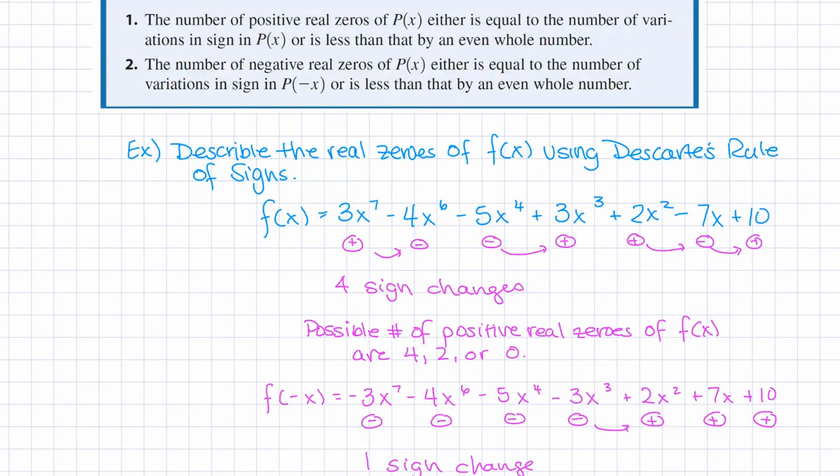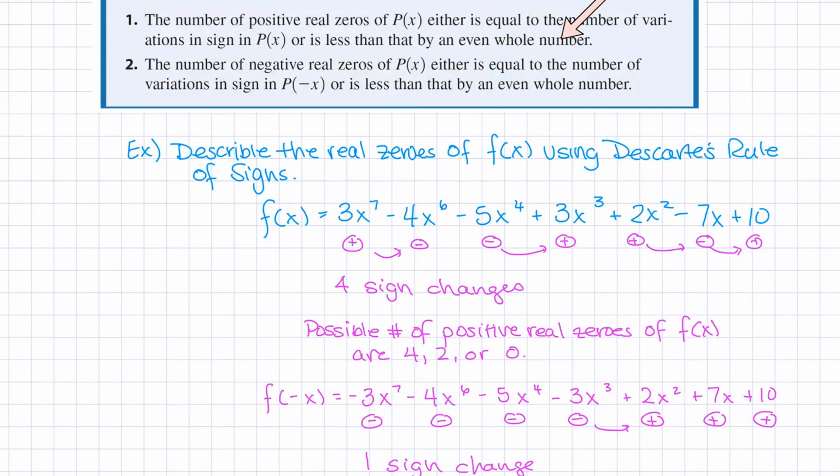So what does that mean? Back up here. The number of possible real zeros of p of x either is equal to the number of variations in sign. So there were 4 sign changes. The possible number of positive real zeros of f of x are 4 because of 4 sign changes, or less than that by an even whole number.